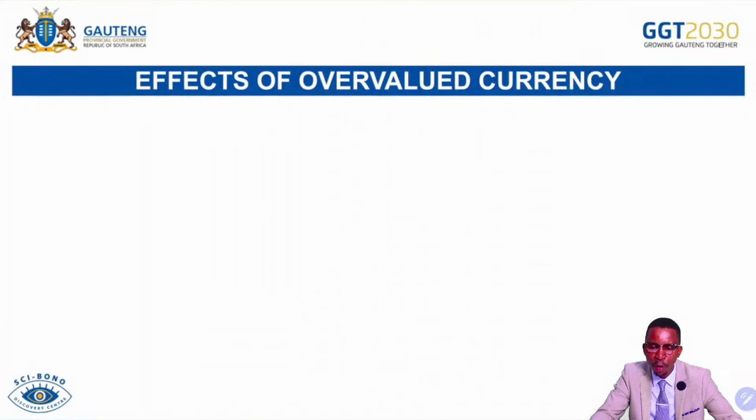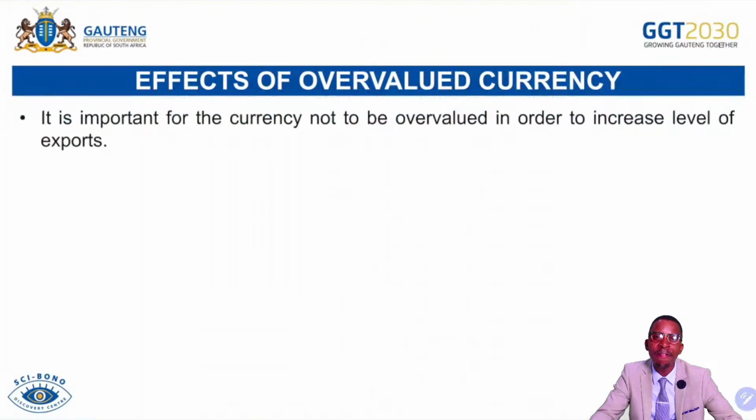What are the effects of an overvalued currency? If a currency is overvalued, that means it is stronger than expected. What can be the best example? Maybe the rand to the dollar is costing 8 rand to the single dollar instead of costing 15 rand to the single dollar. That currency is overvalued. It doesn't favor our economic conditions. Why does that become the situation? It can be good for our terms of trade.